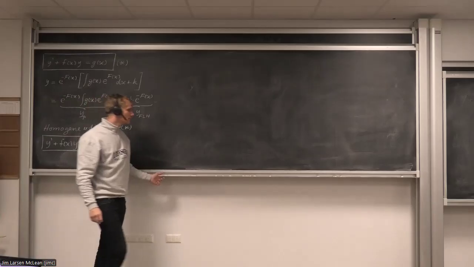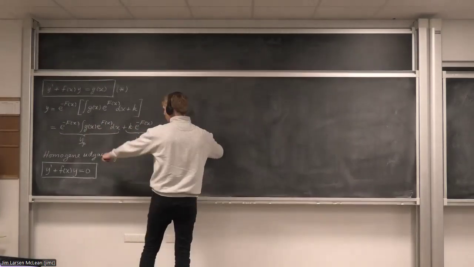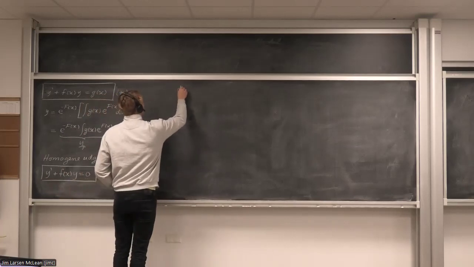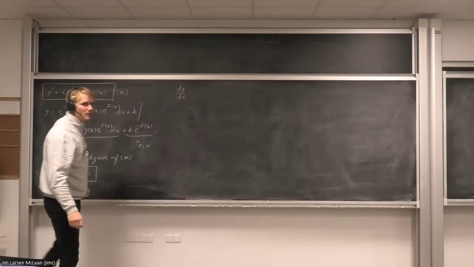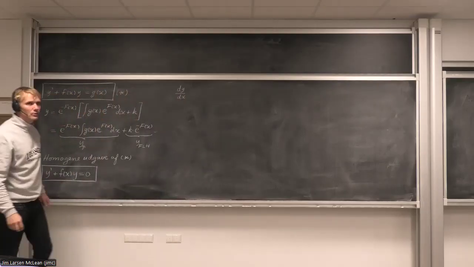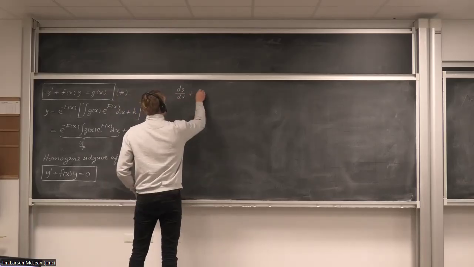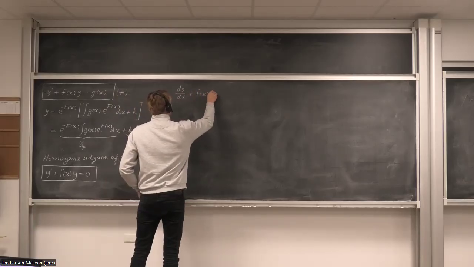Let's try that. So I will just write down the differential equation, and instead of writing y prime, I will write dy over dx, because that is another way to express y prime. So I just replace y prime with another notation for the same thing, dy over dx, and then plus f of x times y equals 0.